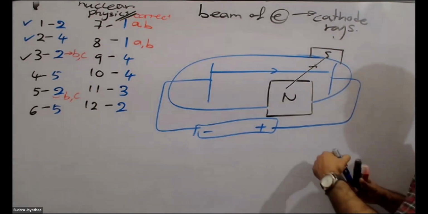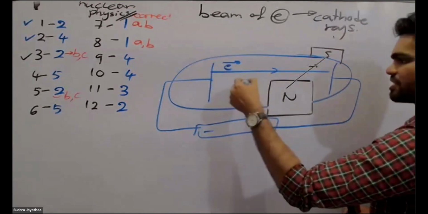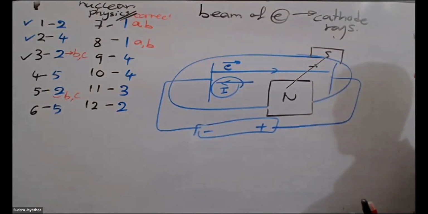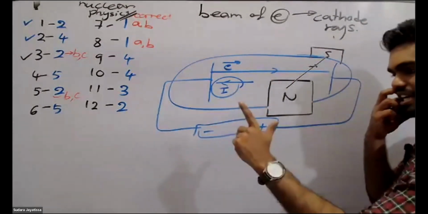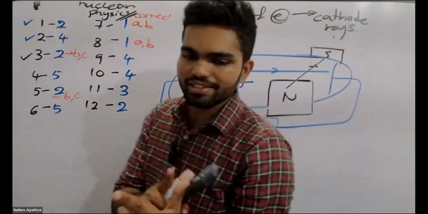When electrons are moving in this direction, since they are negatively charged, current will be flowing in the other direction. Then you apply Fleming's left hand rule. This is my left hand, right? The thumb is representing what? We wrote these things in our theory note.